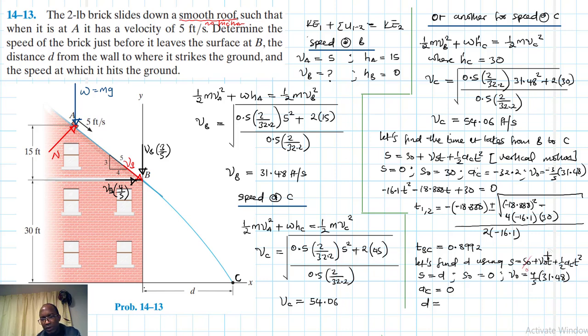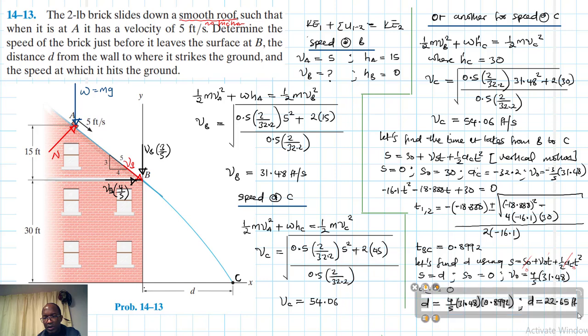So here we just get 4 divided by 5 by 31.48, then times T, which in our case is 0.8992, and therefore our D is 4 divided by 5 times 31.48 times 0.8992. So this gives us 22.65 feet.